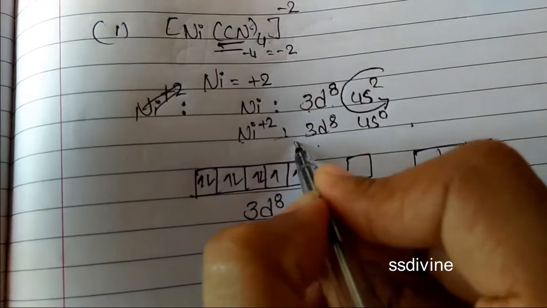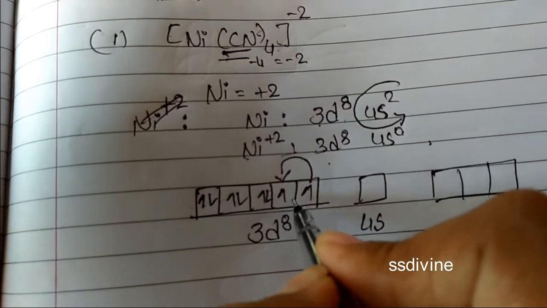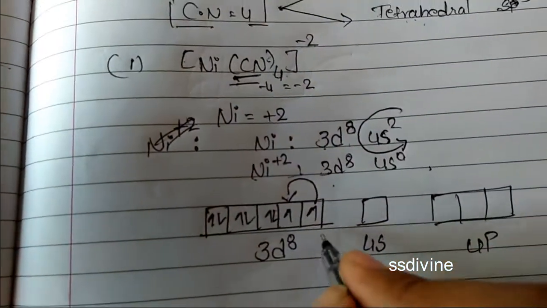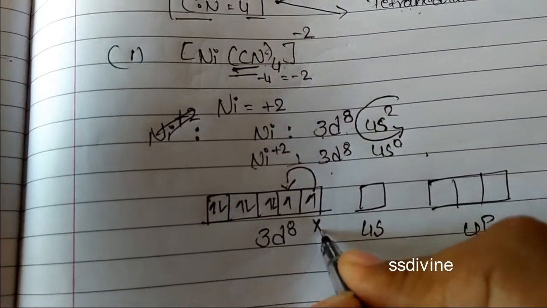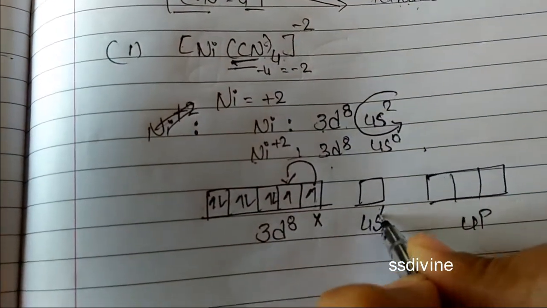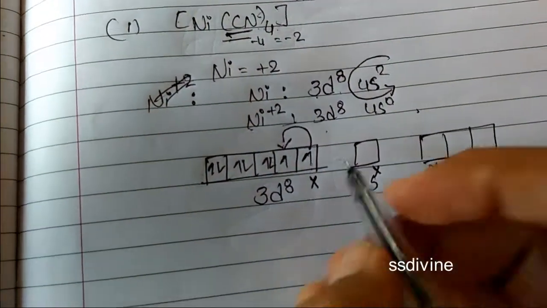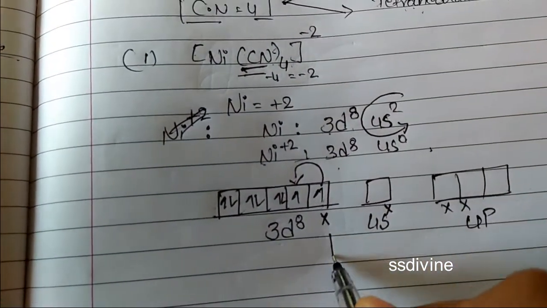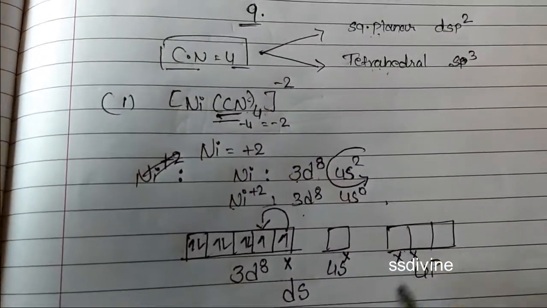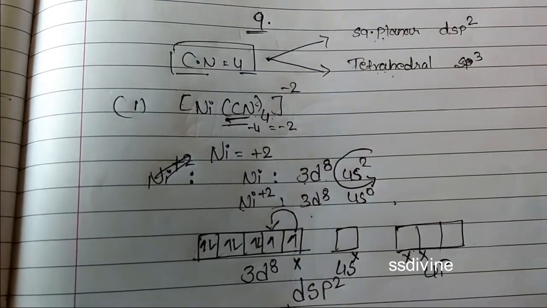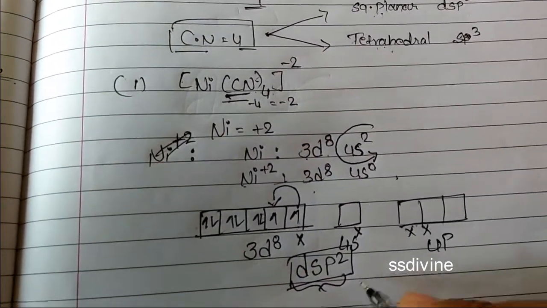So it will send this electron over here and the electrons will get paired here. Total 4 cyanides are there. So one cyanide will take place over here, 1 here and 2 with p. So you will get 1 d orbital, 1 s orbital and 2 p orbitals.